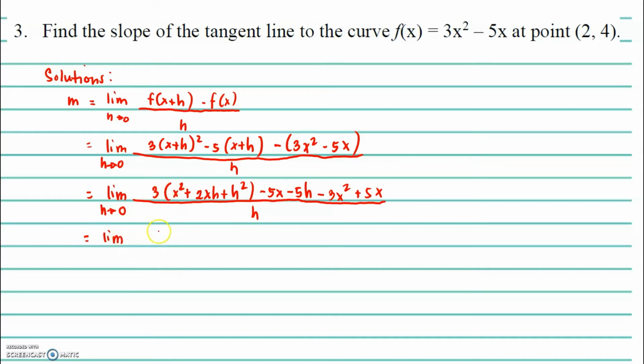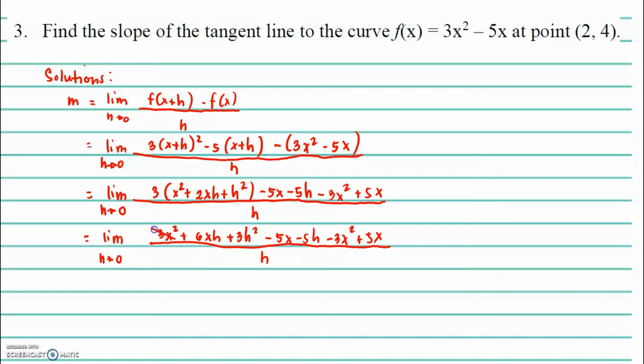Okay, distribute 3 now. So you have 3x squared plus 6xh plus 3h squared minus 5x minus 5h minus 3x squared plus 5x, all over h as h approaches 0. Now combine like terms.